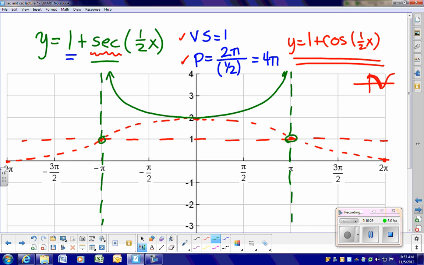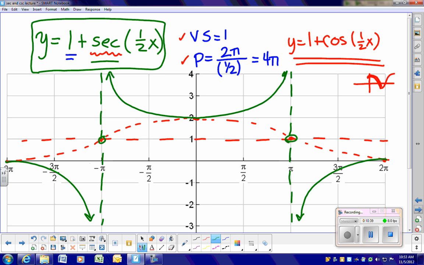And wherever there's a valley, I'm going to have the frowny face. So the part that's drawn in green is actually the answer for this green question. That's how you graph a secant graph. You graph the cosine graph that's related to it, and then you base the secant graph off of it.